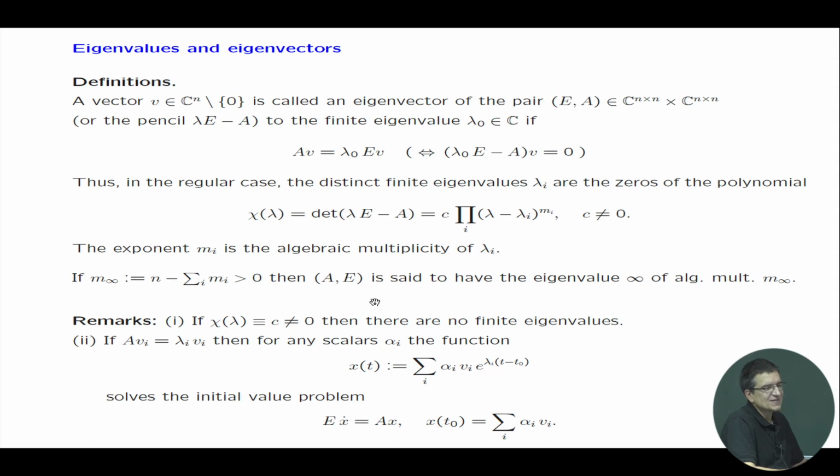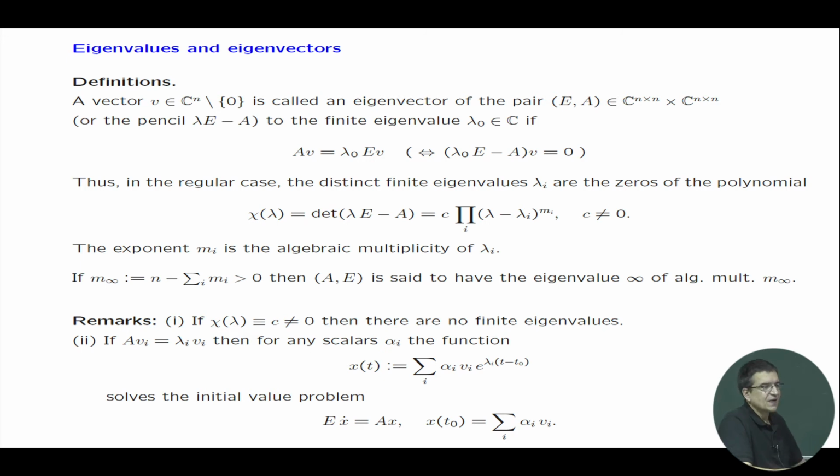Maybe something I should tell you here. When do we have an infinite eigenvalue? First of all, the characteristic polynomial is a polynomial of a certain degree. In the standard case, if you have n by n matrices, it's a polynomial of degree n, which has n not necessarily different zeros.